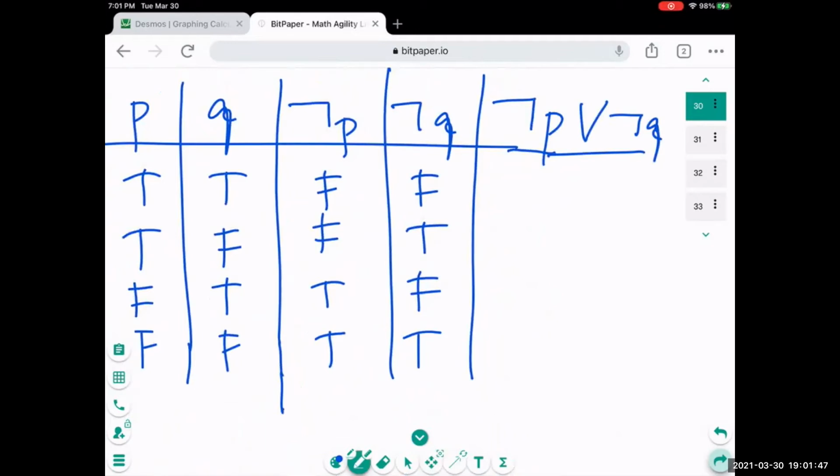So ibig sabihin kapag may isang true, true na siya, right? Makita natin yung una is false, kasi parang zero yung false. So lahat ng nasa ibaba true na, right? Okay.